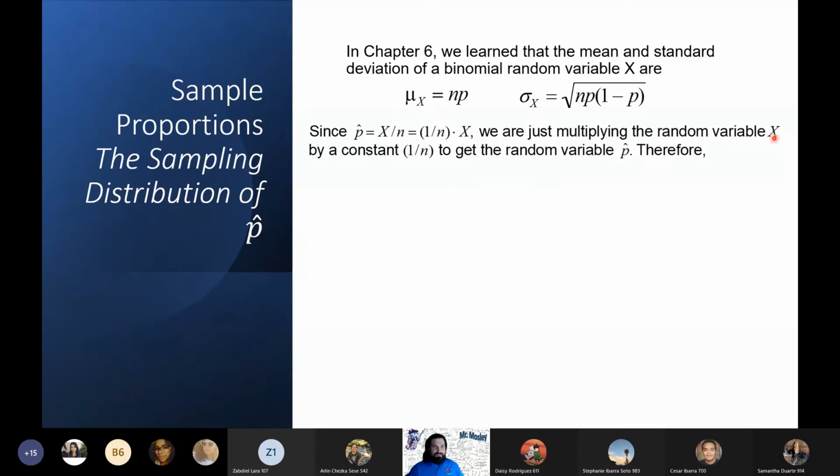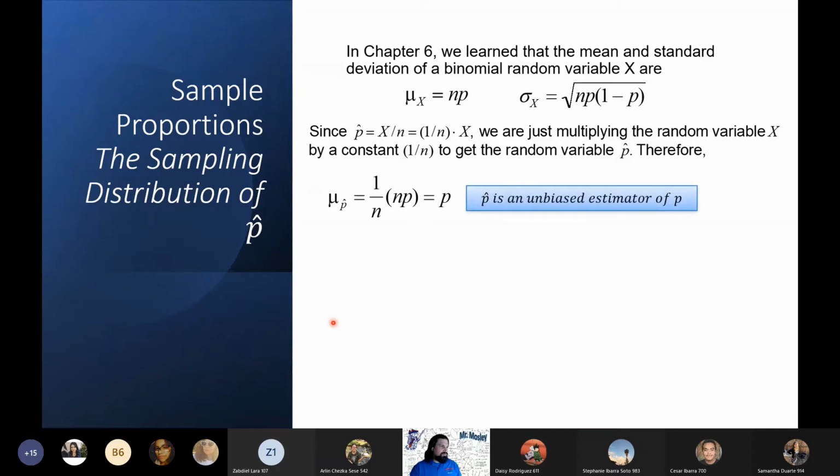We're just multiplying the random variable x by a constant, 1 over n, to get the random variable p-hat. It's a linear transformation with only multiplying. So the mean of p-hat is 1 over n times np, which is what we expect. So p-hat is an unbiased estimator of p. The mean of p-hat is p.